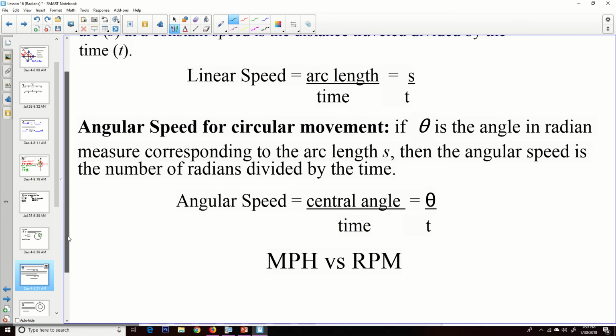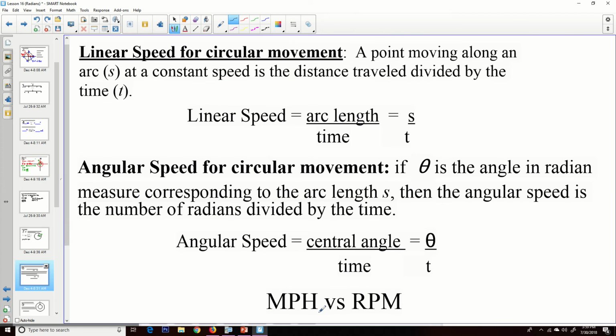And this is a real loose analogy: the difference between linear speed and angular speed is like the difference between miles per hour and RPMs. The only difference with RPMs is it's revolutions, so you'd have to change your revolutions to degrees. Miles per hour calculates the speed that your car is traveling as the wheels turn. Angular speed calculates how many degrees each of those tires has traveled over that same time.